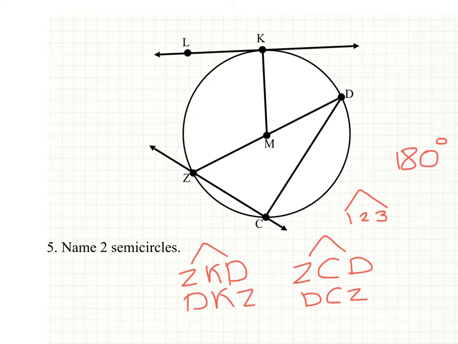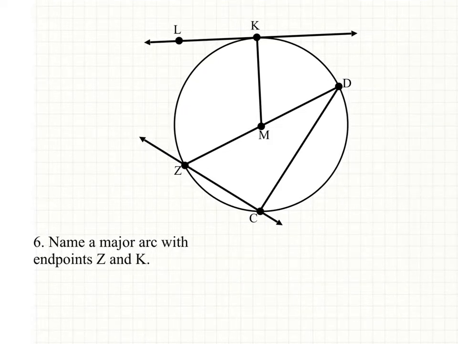Now let's move on to question number 6. Name a major arc with endpoints Z and K. Now remember, a major arc has the measurement of more than 180 degrees, and we use 3 different letters to name it. So name a major arc. Okay, so I know it's going to be more than 180, so I can name it as ZCK.